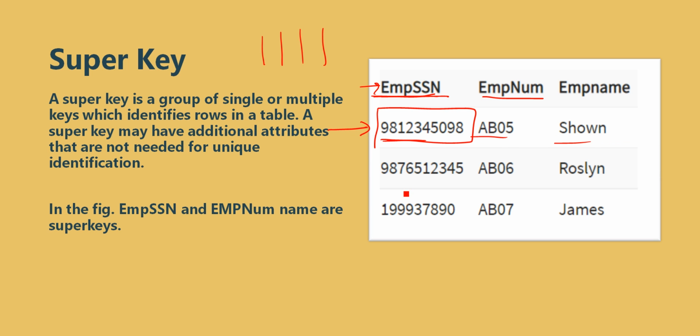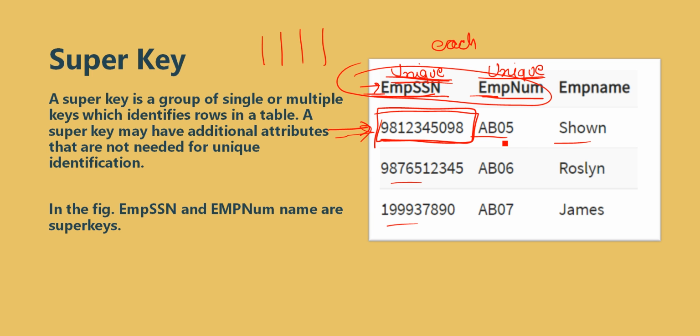This employee is different from this one, because the employee SSN is going to be unique for every employee, and this employee number is also going to be unique for each and every employee. So based on this, this column and a group of these two columns, we can identify different employees.